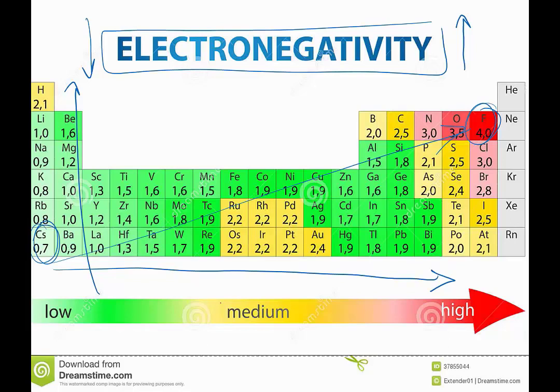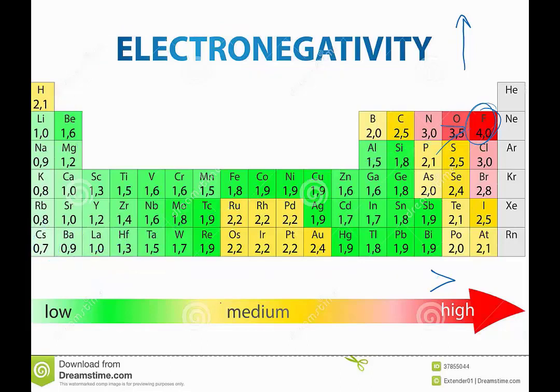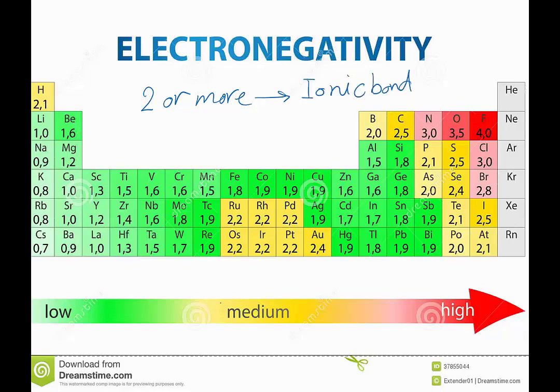There is a rule of electronegativity. Actually, it's not part of the curriculum of this year, but I will tell you about it. If the difference between the electronegativities of the two elements in a compound is 2 or more, this compound is an ionic compound and this bond is an ionic bond.